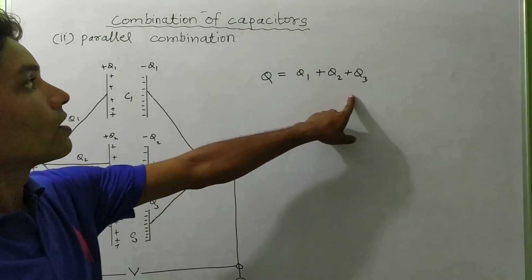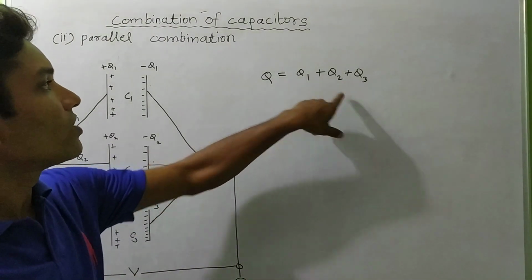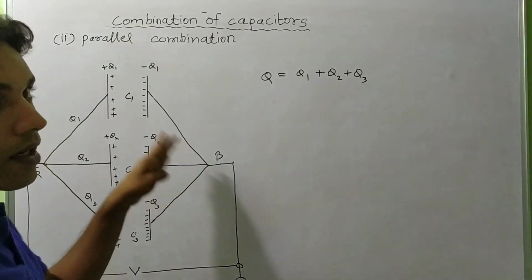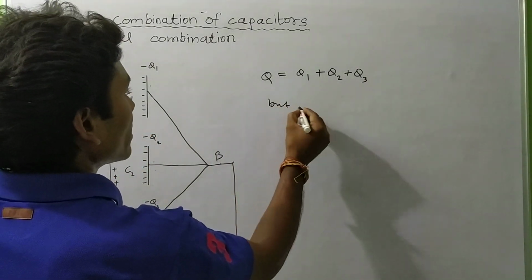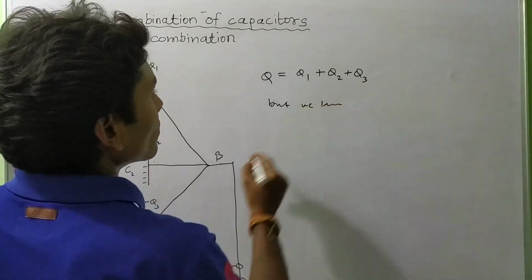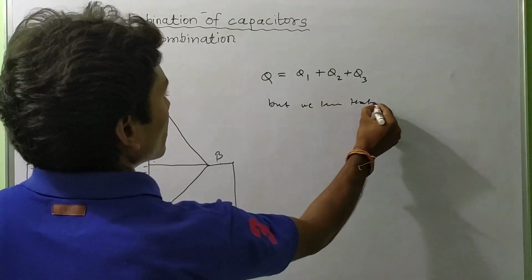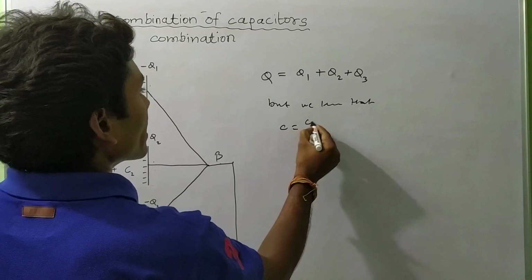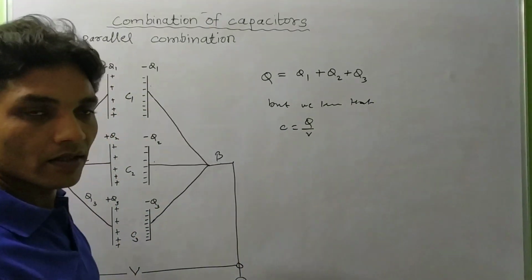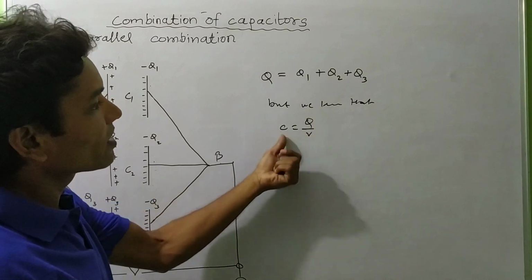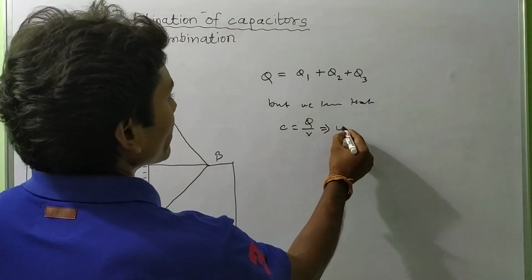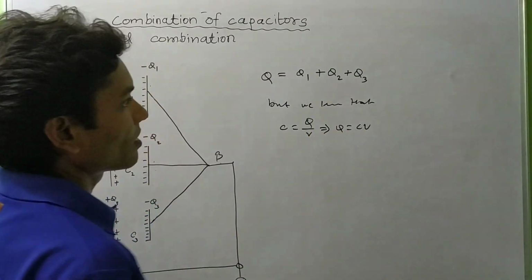This will be the total or equivalent charge on the combination. But we know that C equals Q upon V, so we can find the value of Q from this equation: Q equals CV.